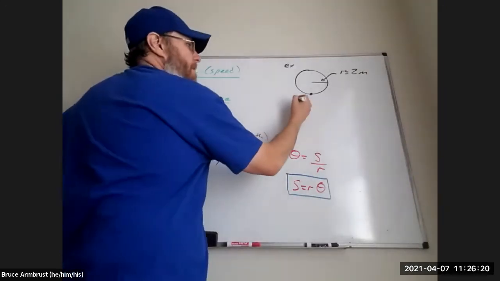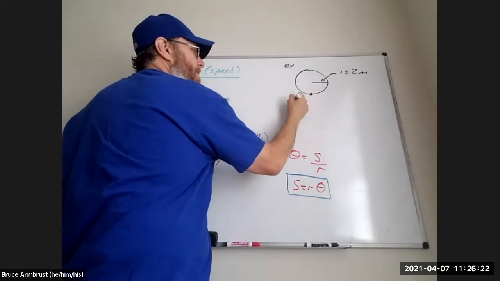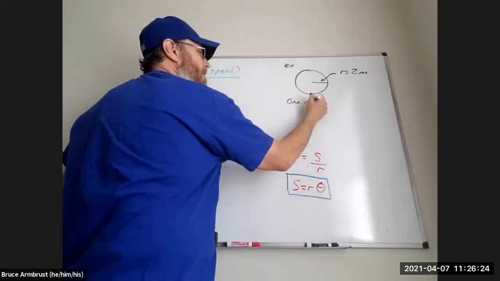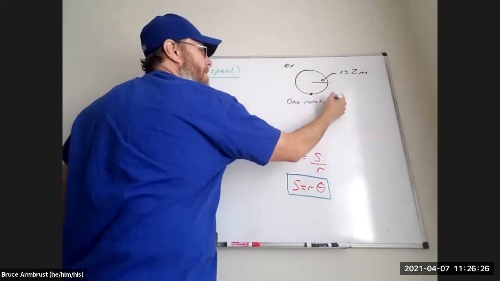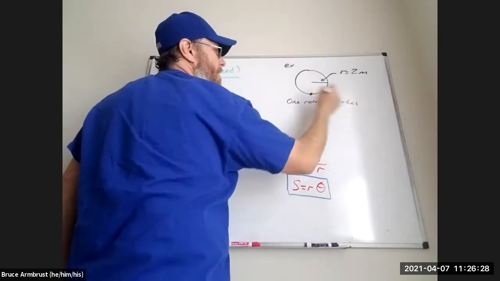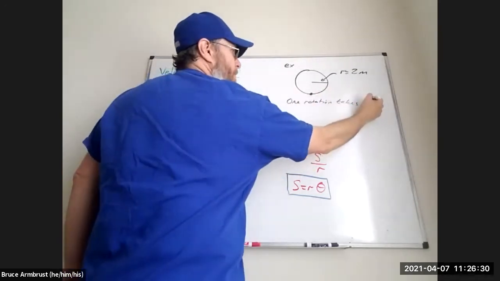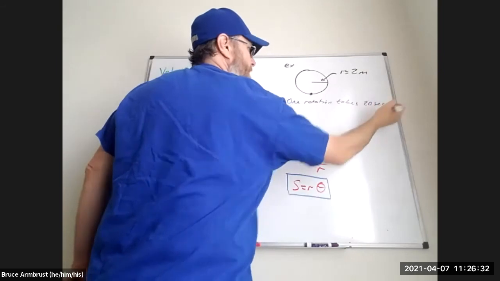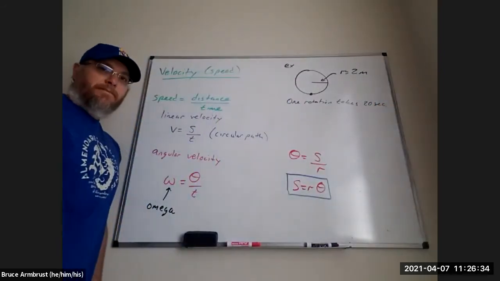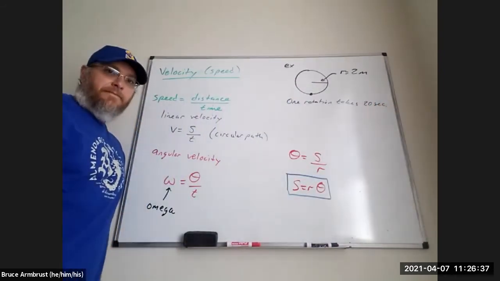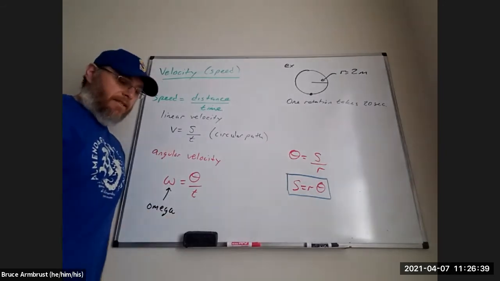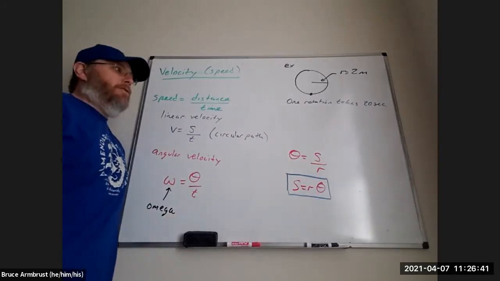Somebody's timing it, and they see that one rotation takes 20 seconds. So it takes 20 seconds for us to go all the way around.